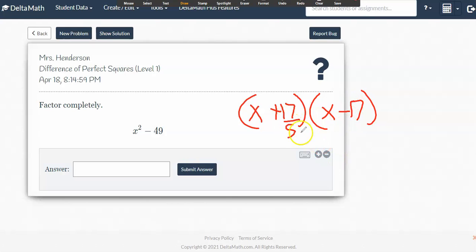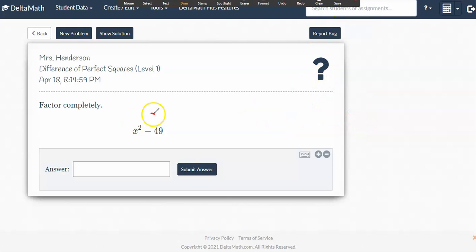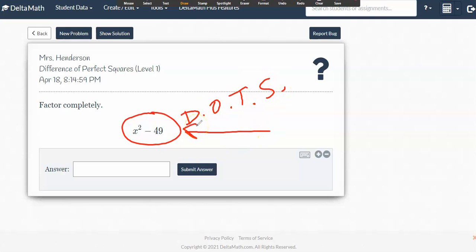I could have a 17/5. I could have anything as long as they're matching and you have one of each sign. So if I have a difference of two squares given to me already, then I know that it used to be a binomial that matched but had different signs.